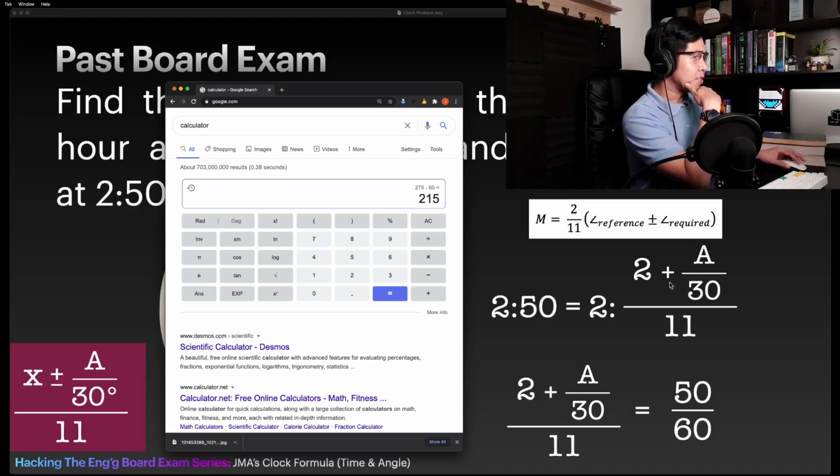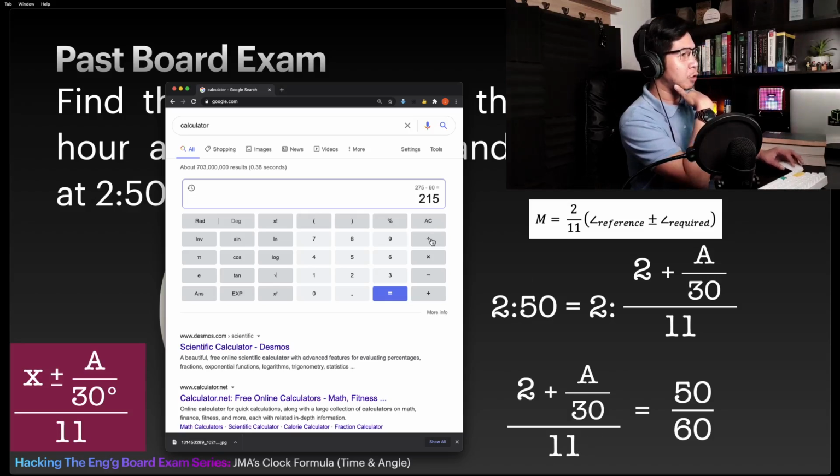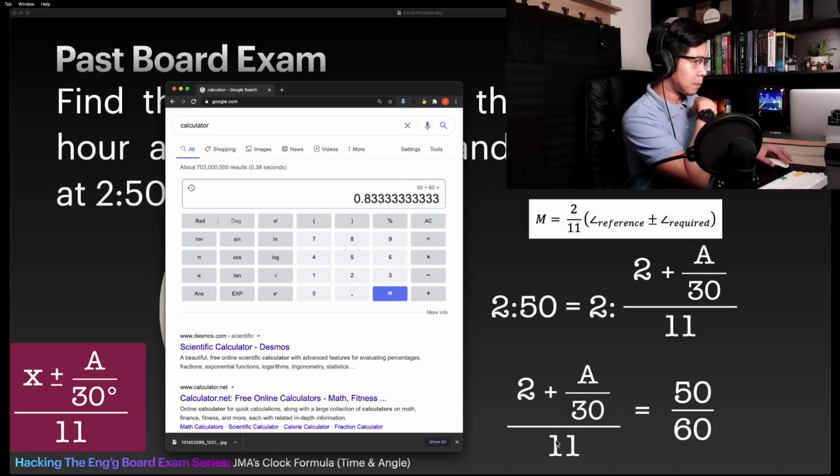Plus na, kasi ahead na yung minute hand sa hour hand. So, kunin natin yung 50 minutes. Sabi ko sa inyo kanina, itong portion na ito is in hour. We need to convert this to minutes. So, 50 divided by 60 minutes and then multiplied by 11. I-perform natin siya. So, that's 50 divided by 60 and then we multiply this by 11.